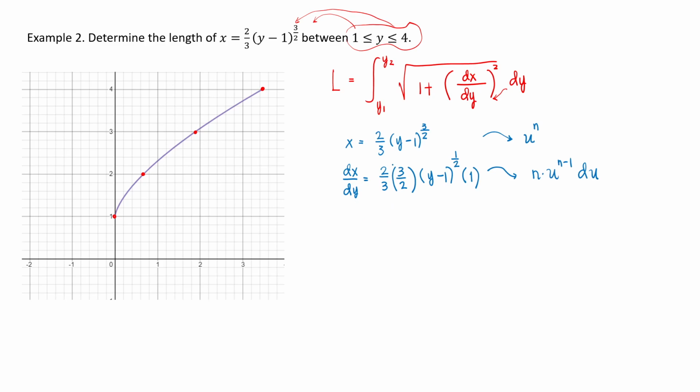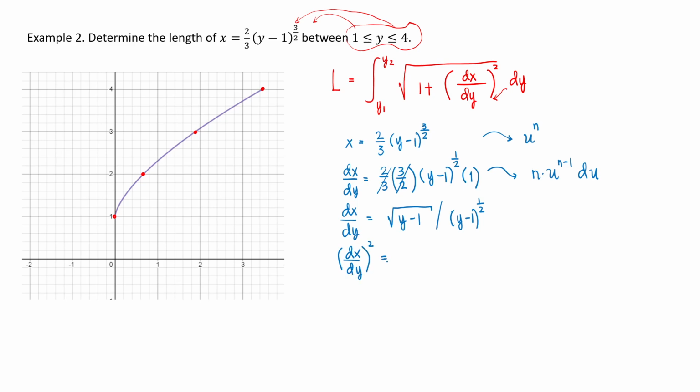So cancel 2/3 and 3 over 2. What is left is the square root of y minus 1, or if you don't want the square root, you can have it as (y minus 1) to the power of 1 half. So this is your dx over dy. Again, you may directly determine the square of your dx over dy.